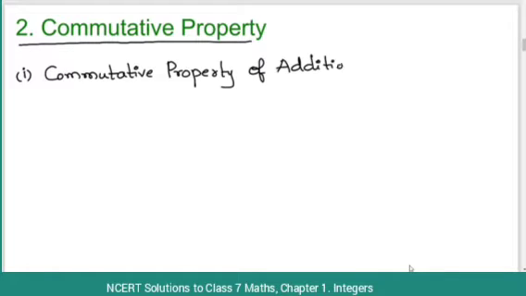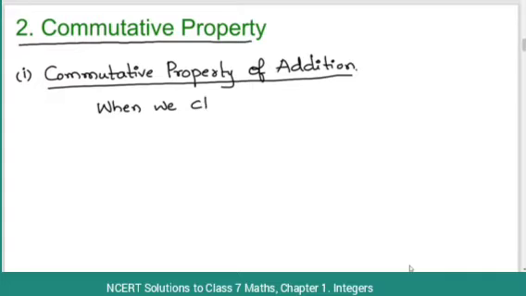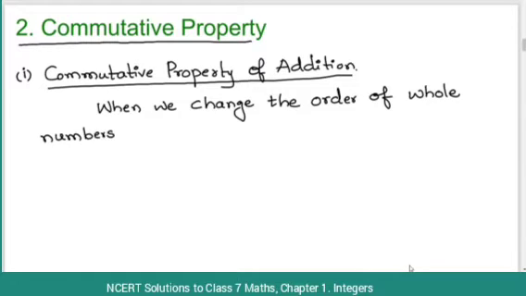In the commutative property of addition, when we change the order of whole numbers while adding, the sum remains same.